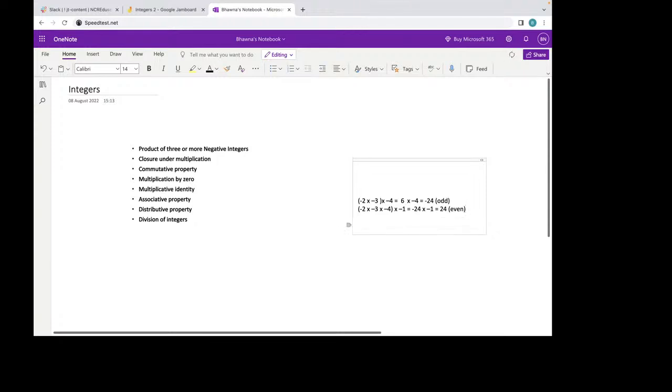You can take the example of 1 as well. So let's take -1 multiplied by -1.